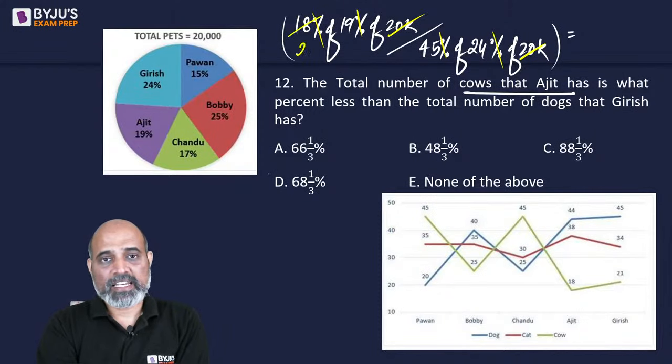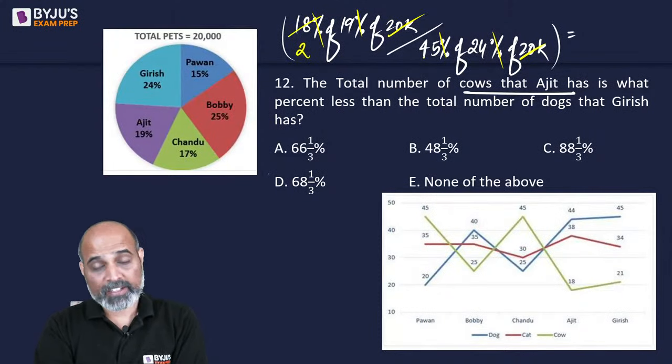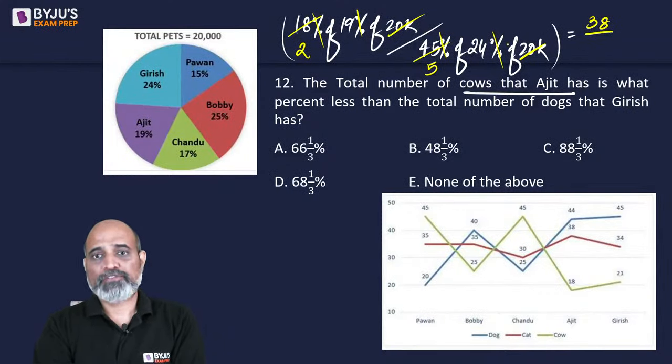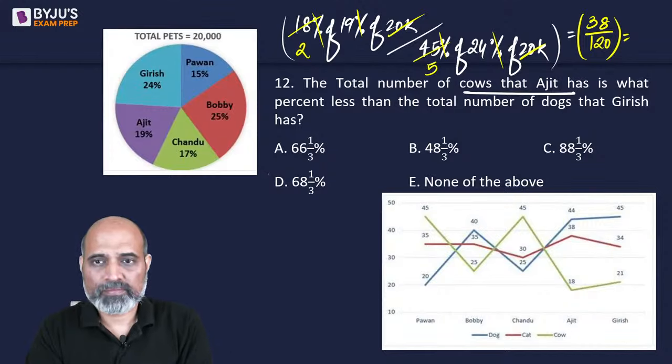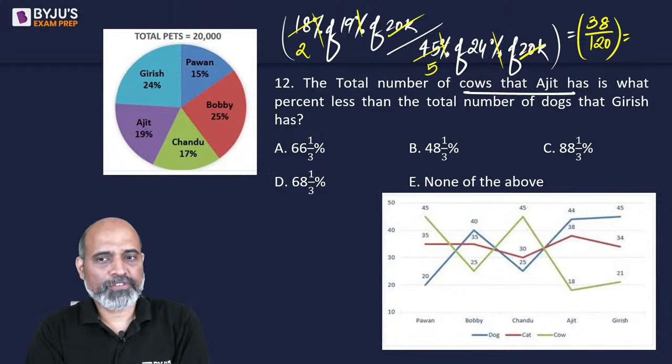Next 18 is 9 into 2 and 45 is 9 into 5. There is nothing further that I can cancel out. So 2 into 19 is nothing but 38, and 5 into 24 is nothing but 120. This can further be simplified as, hold on, 9 into 2, 9 into 5.